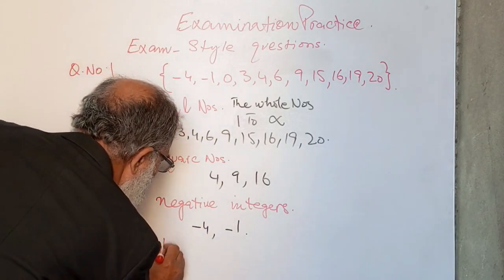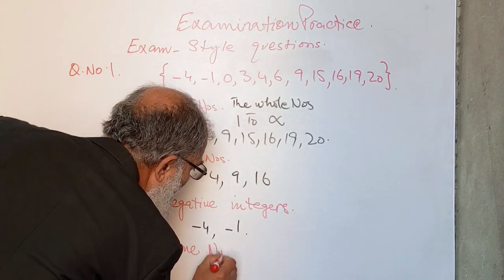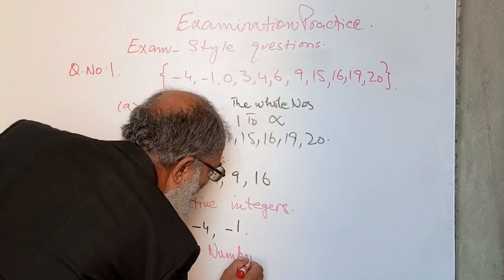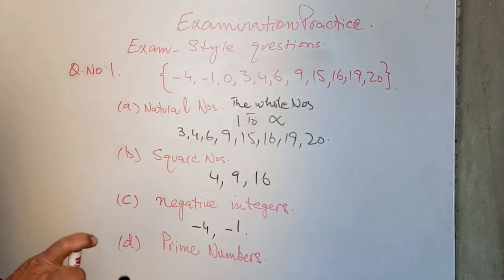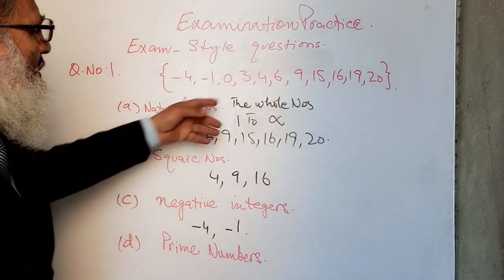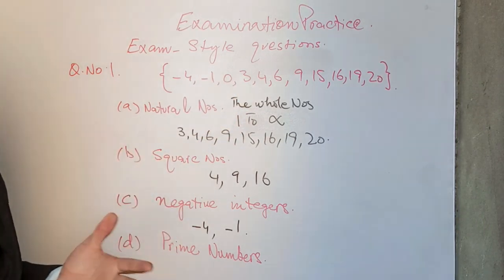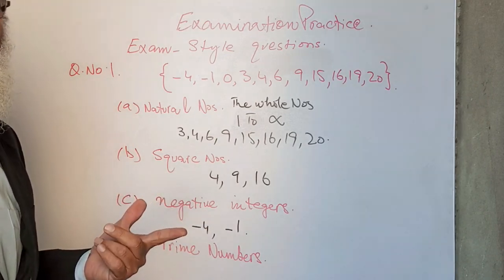Prime numbers, bearing a very distinct property. These prime numbers are the numbers which are divisible only by itself or by 1.